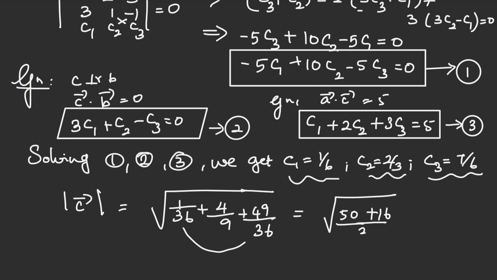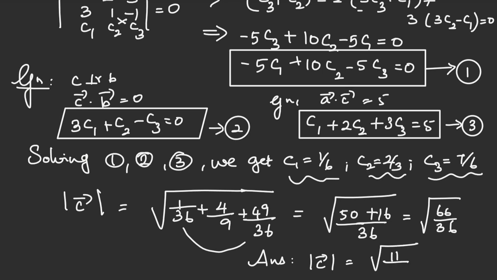So 50 plus 16 divided by 36, which is equal to root of 66 divided by 36. Our answer will be mod of C is equal to root of 11 divided by 6.